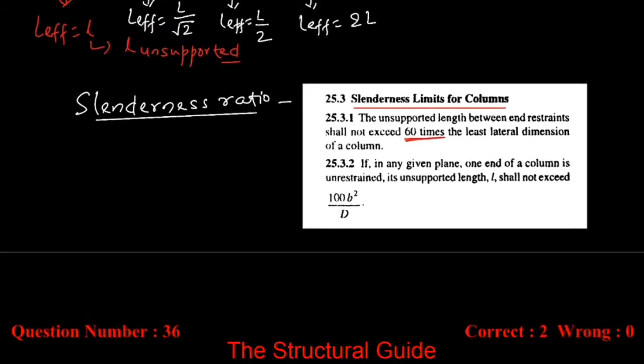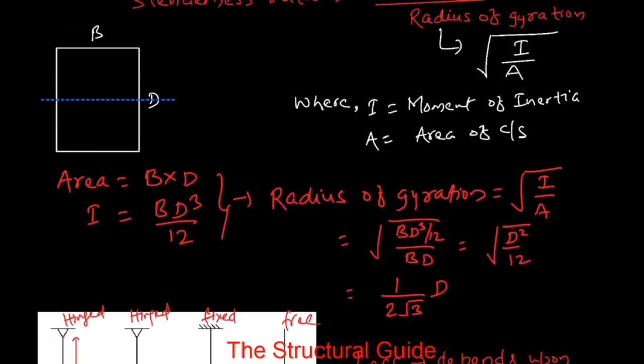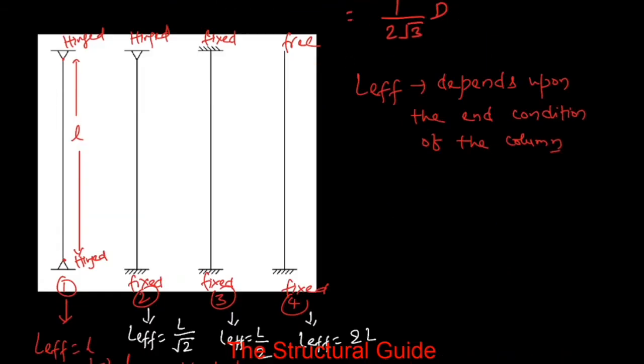That means if the column is having cross section B by D, in which suppose B is less than D, so for this case the least lateral dimension is equal to B.